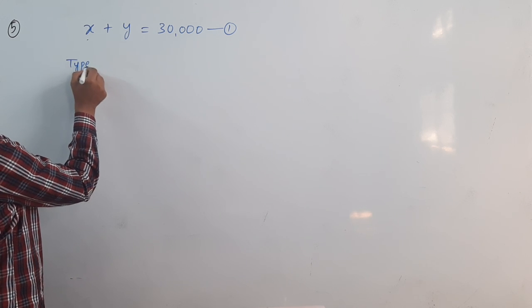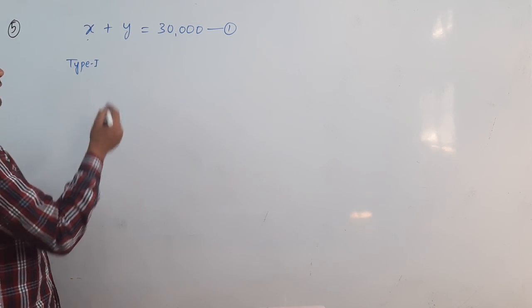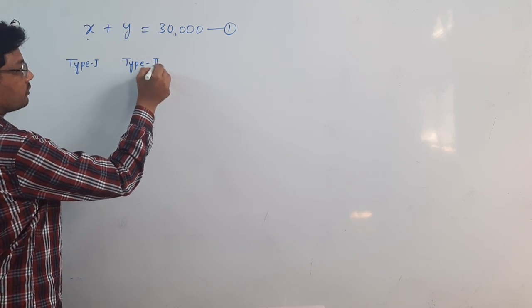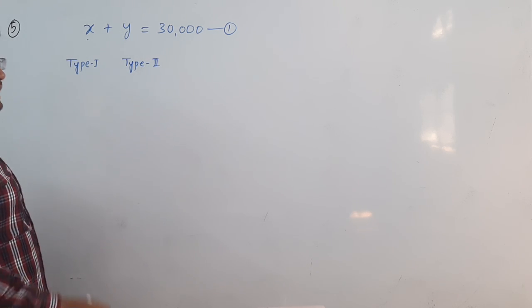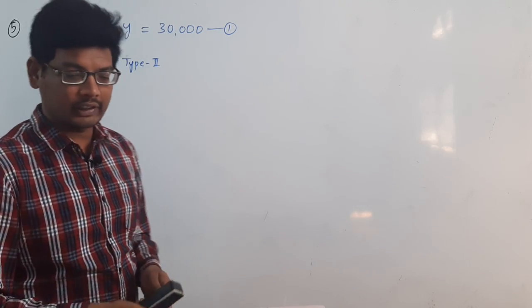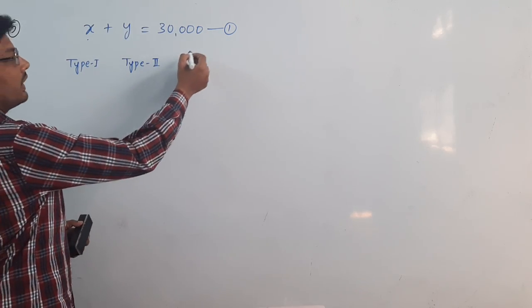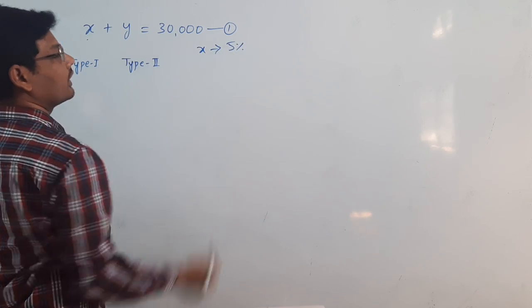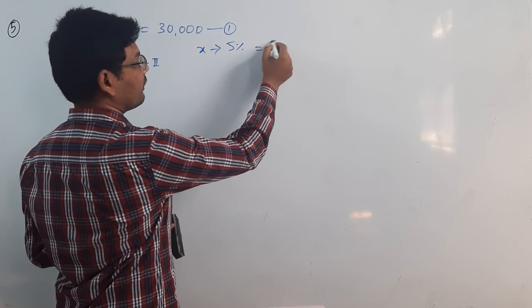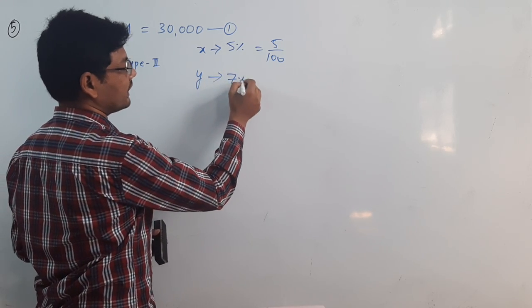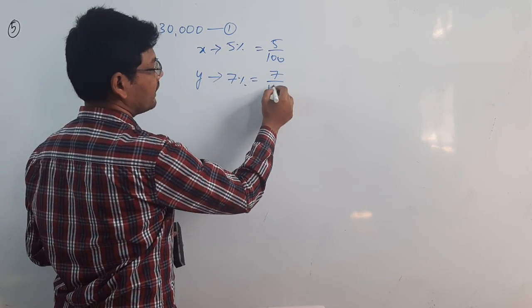I am representing the information in matrix form. Here we have two types, X and Y. The sum of two investments is 30,000, and for the X type, 5% we can write as 5 by 100, and for the Y type, the 7% we can write as 7 by 100.